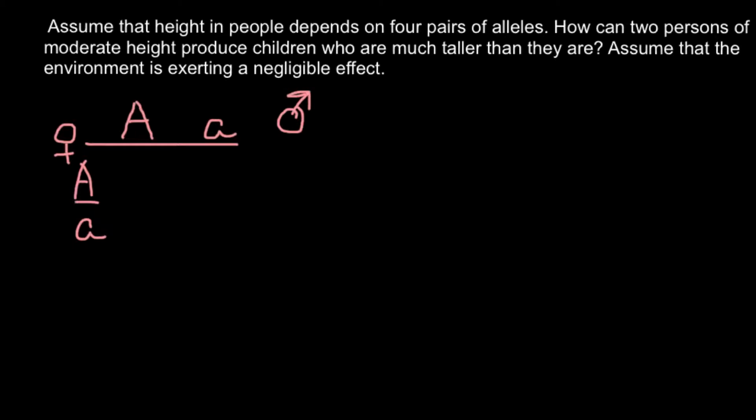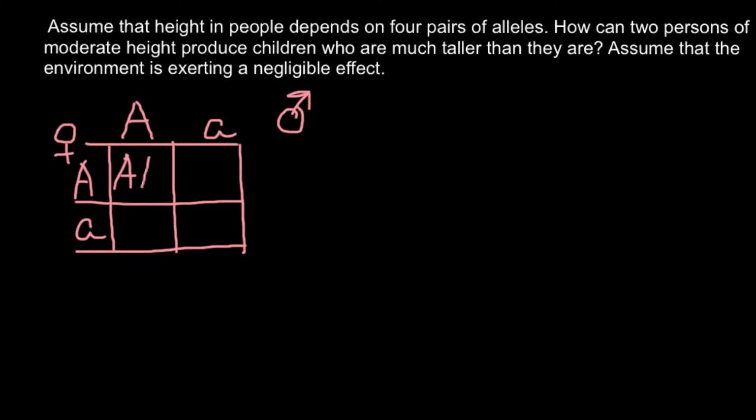Such a cross would give us 2 phenotypes and 3 genotypes. So here we would have capital A capital A genotype, here capital A small a, here also capital A small a, and small a small a here.